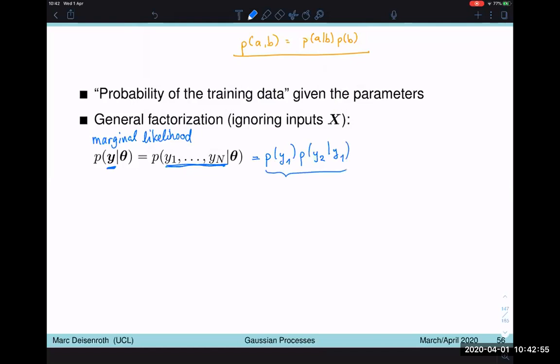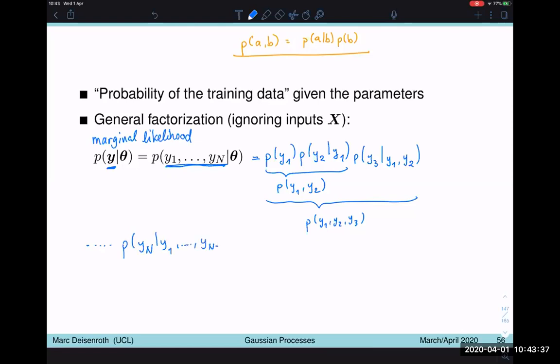So this is P of Y1 comma Y2, a joint distribution here, times P of Y3 given Y1 comma Y2. So now this is the joint distribution of Y1 comma Y2 comma Y3. And then we can continue like this, just keep multiplying things together up to P of Yn given Y1 up to Yn minus 1.